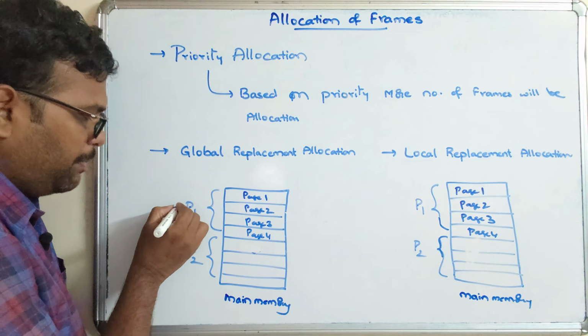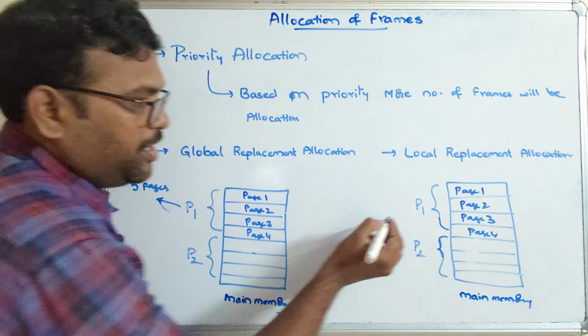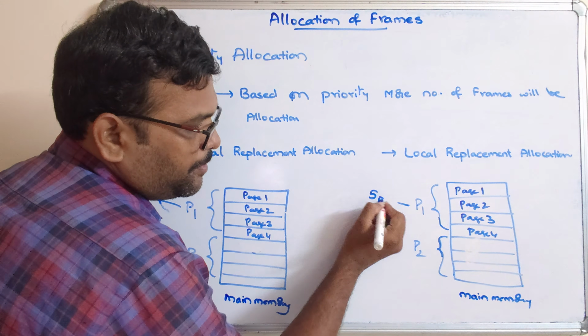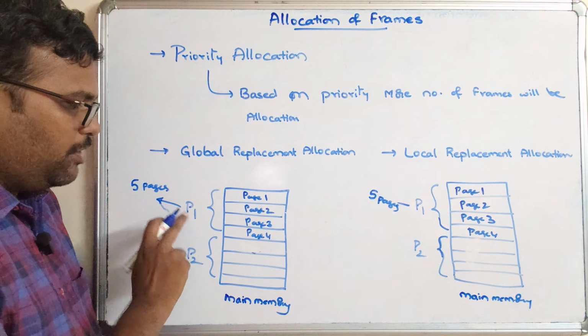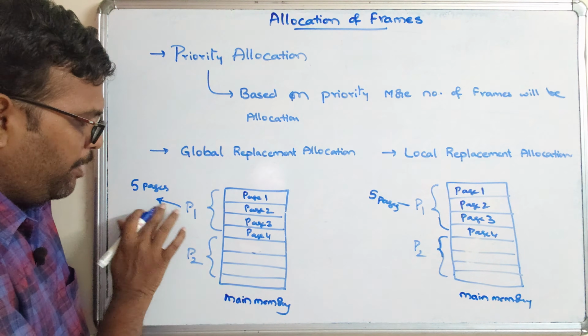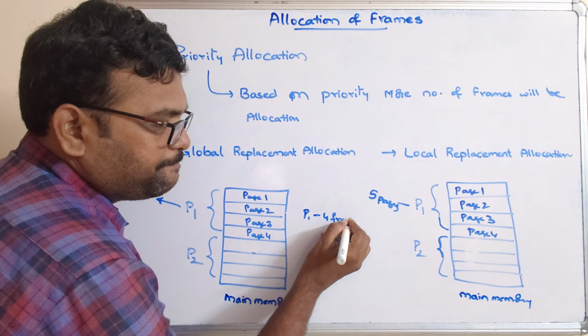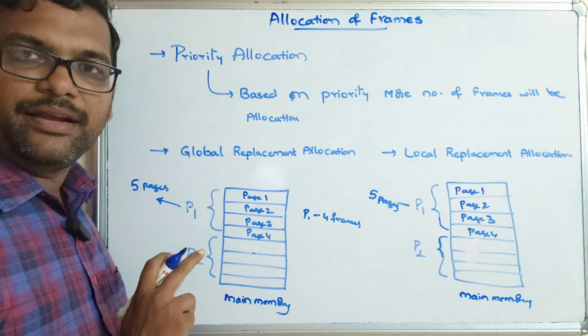So for example, P1 is having 5 pages. Here also P1 is having 5 pages, right. Now you can observe the number of frames allocated for P1 is 4 frames. So obviously 4 pages have been already allocated here.